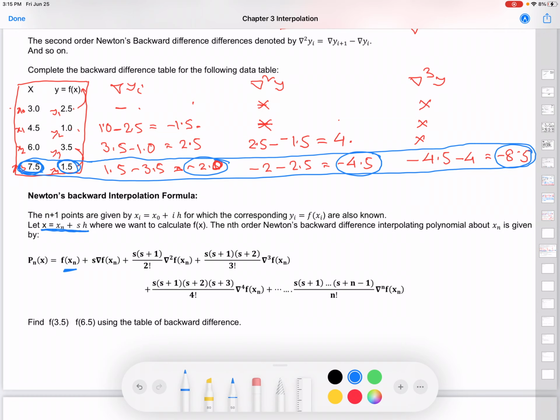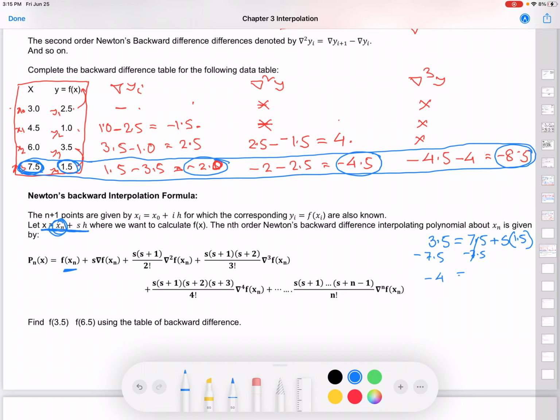If I want to find the value at 3.5, then 3.5 is equal to xn. What is your xn? xn is 7.5, the last point, plus s times h, where h is the common difference between the x values. So 3 to 4.5, 4.5 to 6, this is 1.5. Subtract 7.5 from both sides, and 3.5 minus 7.5 is negative 4.